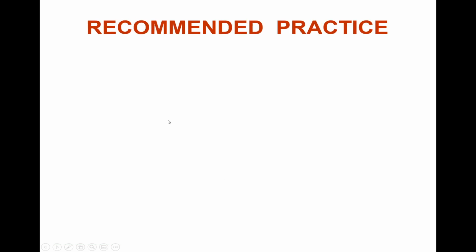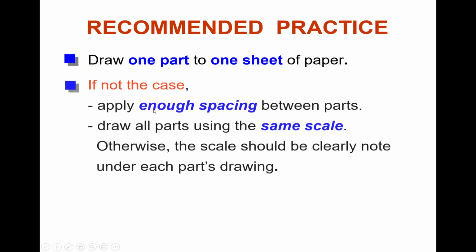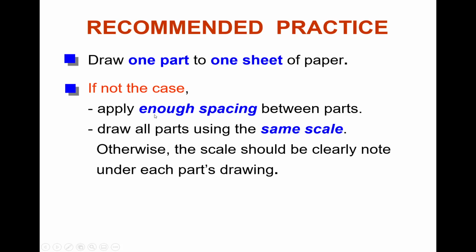Okay, let's see what are the recommended practices for producing a detailed drawing. Okay, normally draw one part to one sheet of paper. Normally kita akan draw satu part on one sheet of paper.